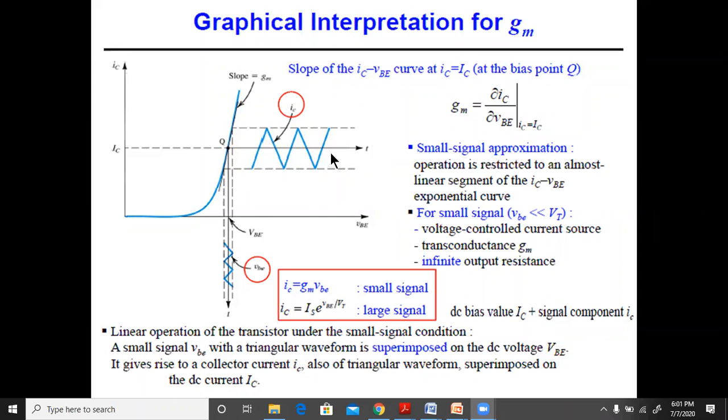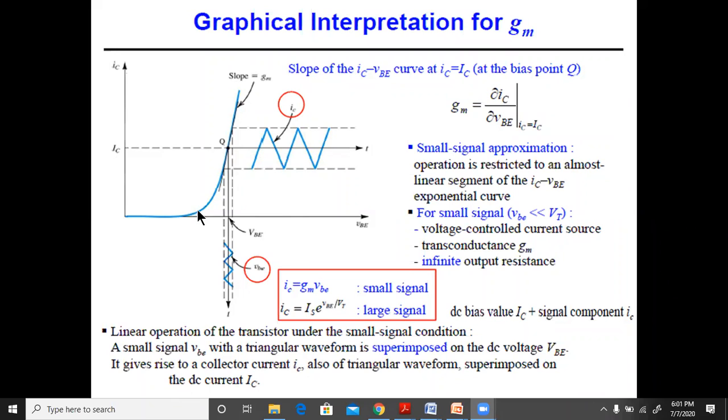So this variation is i_C. This variation is small v_BE. But if you add the DC value to this, then this becomes the instantaneous value together. If you add to this the value I_C, then that becomes the instantaneous value.